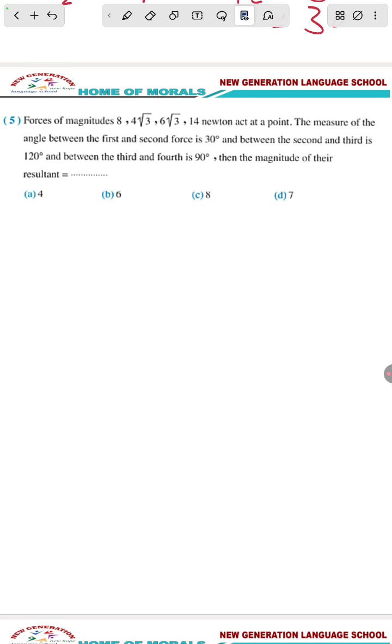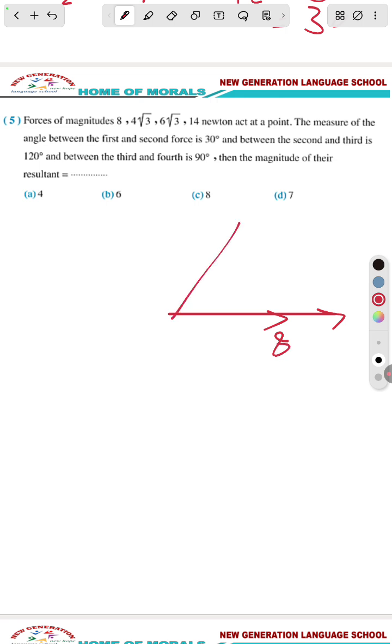We can draw this force as here it will be 8 and here it will be 4 root 3, and the other force it will be here 6 root 3, and last force it will be 14.